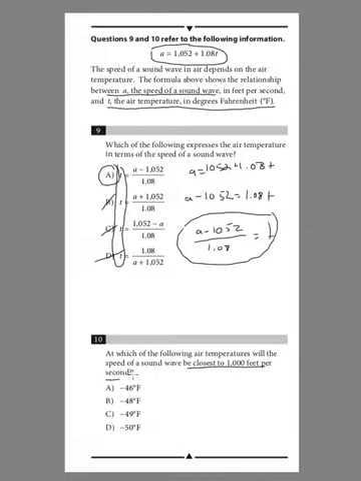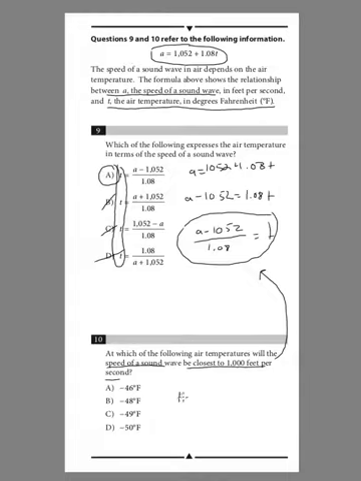They're not asking for temperature, they're giving us the speed of the sound wave, closest to 1,000 feet per second. So we can use the equation we made and plug in 1,000 for A.